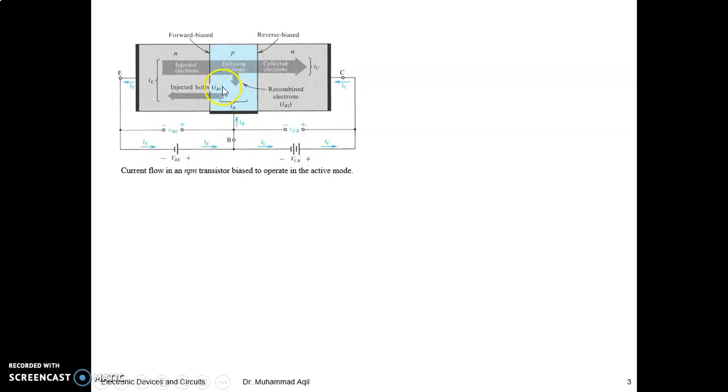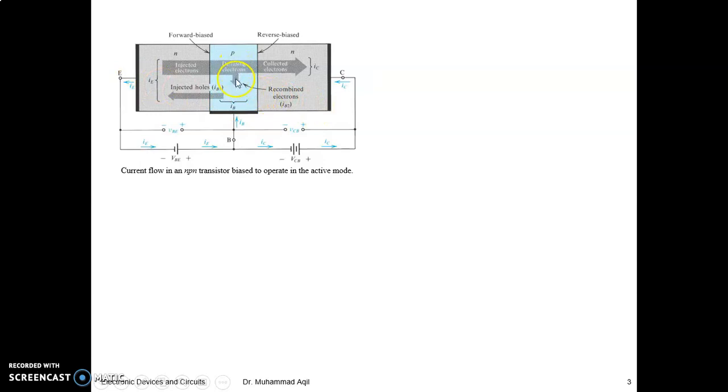In the same way, the holes will be attracted towards the n region. In the p region, the holes will drift towards the n region and combine there. So these two things will make the total base current. These two things, the hole current and electron current, will make the total IE, right? That is why it is called a bipolar junction transistor, because in this transistor both the electron current and the hole current exist, to make the whole current of that terminal or junction, right?